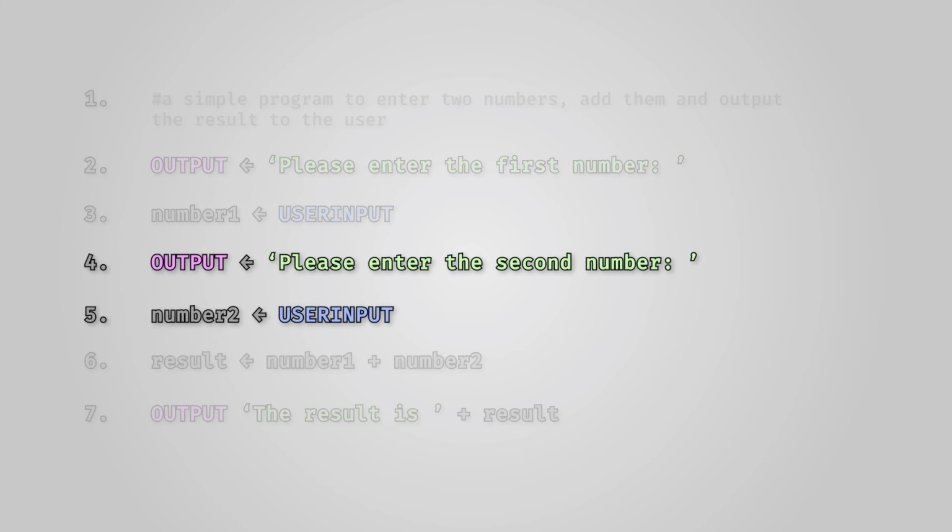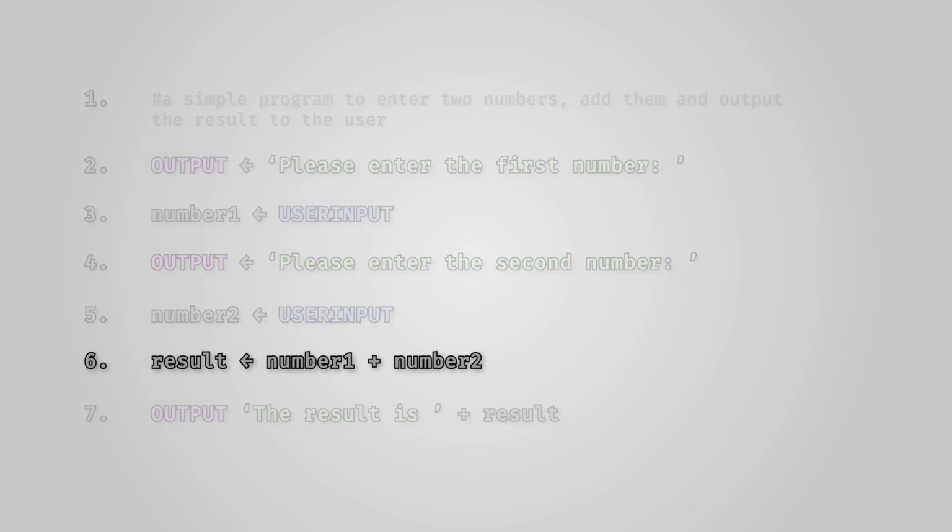Line 4 prompts the user to enter a second value. Then line 5 declares a variable called number2 and stores the value input by the user. Line 6 declares a variable called result and then adds together the contents of the variables number1 and number2 and stores this in the result variable. Line 7 is where the result of the calculation is displayed to the user.